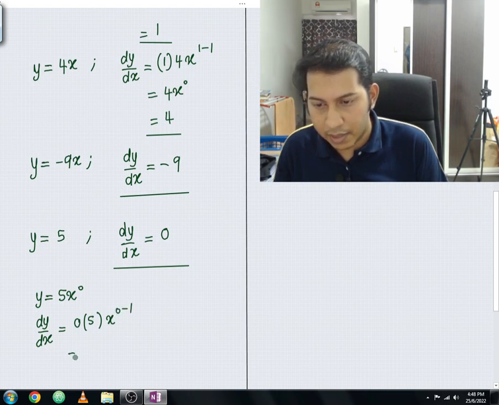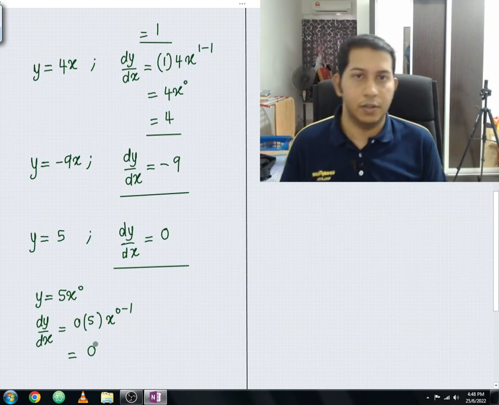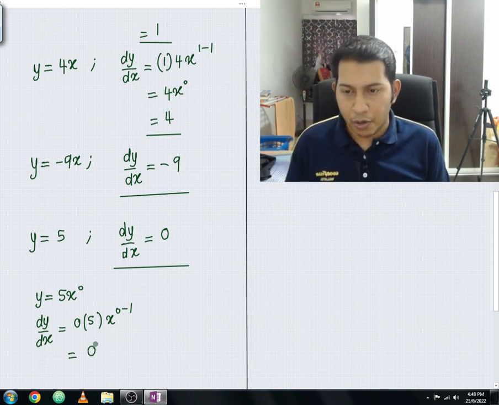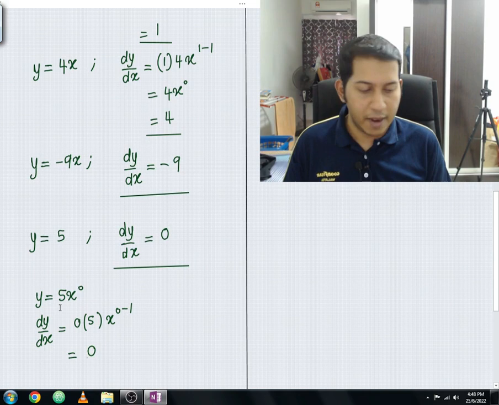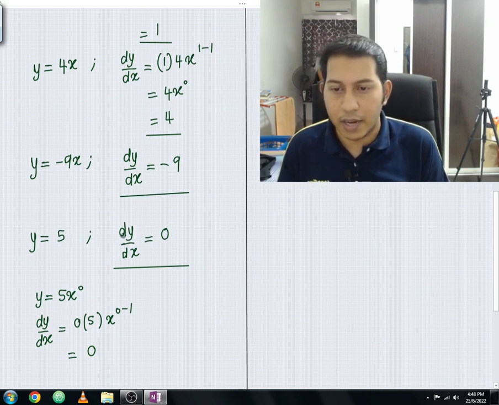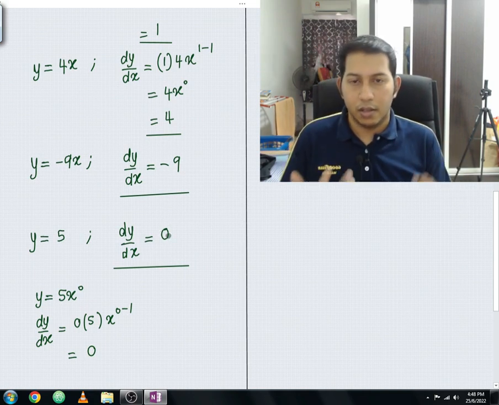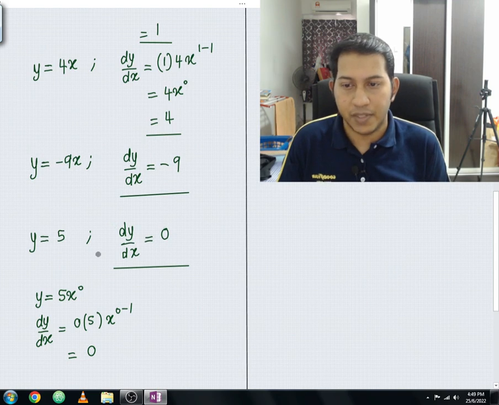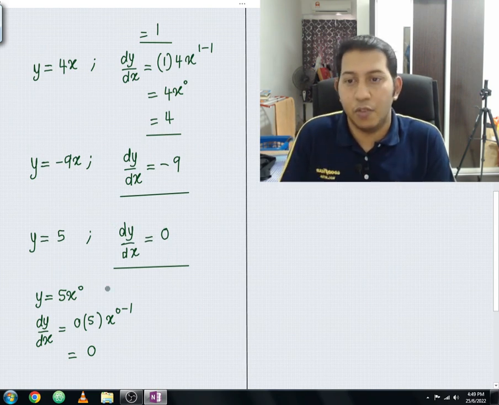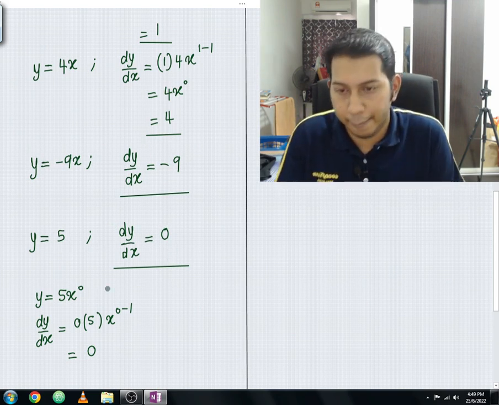Technically it becomes 0. You don't need to show all this working, guys. Whenever you see a constant, you can just write dy over dx equals 0. Simple as that. This is the explanation why it becomes 0.